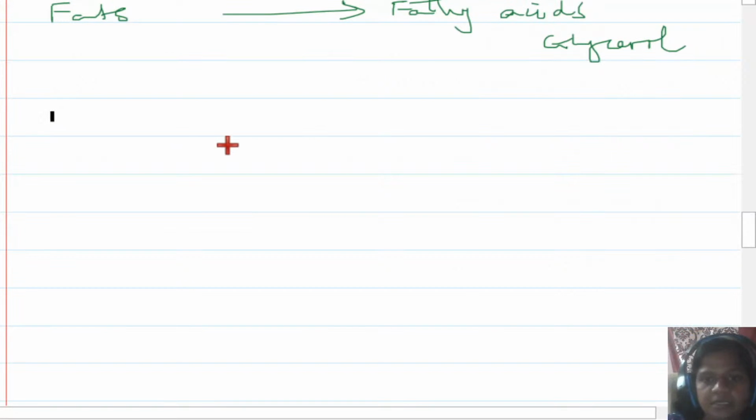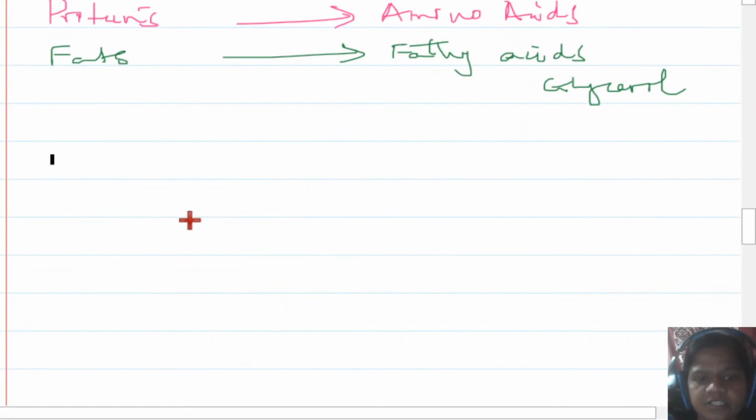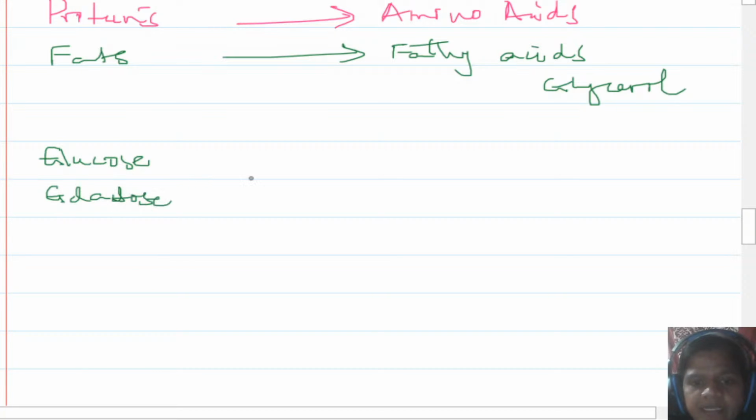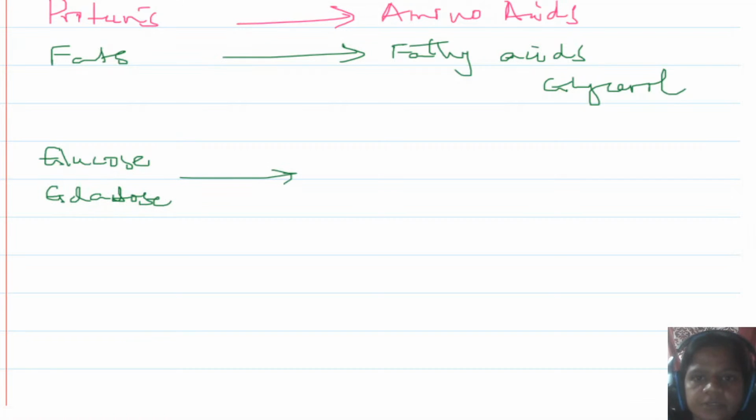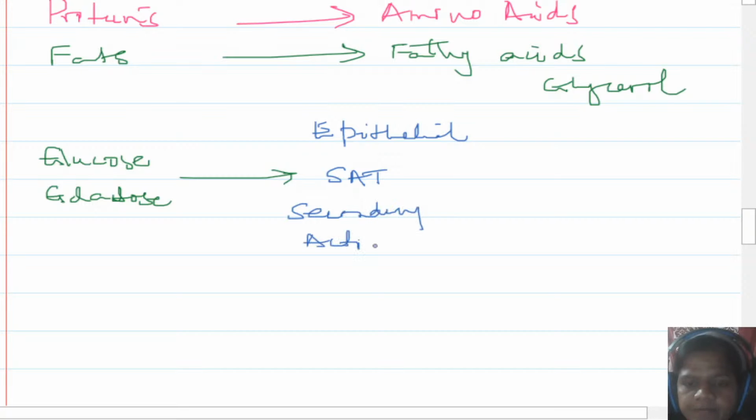Now we know that glucose and galactose and fructose are the end products of carbohydrate digestion. So glucose and galactose, they get from the lumen into the epithelial cells through SAT, that is secondary active transport.